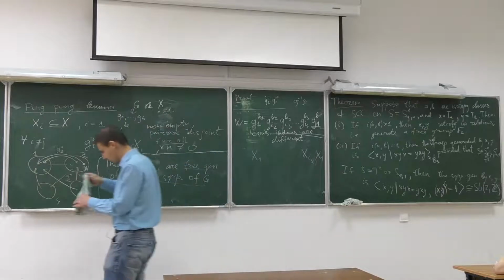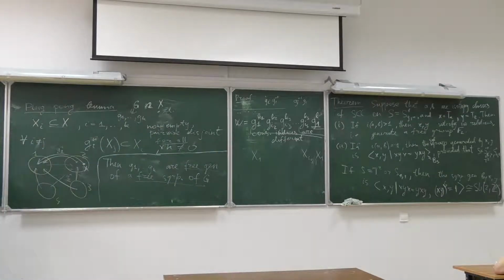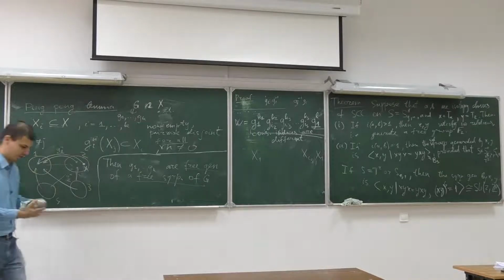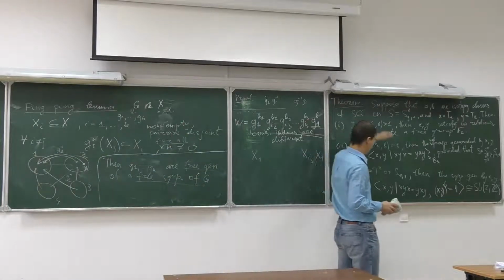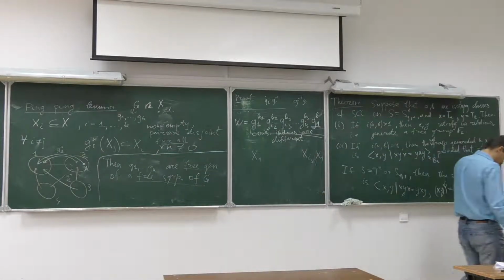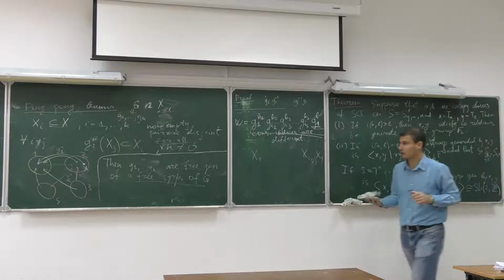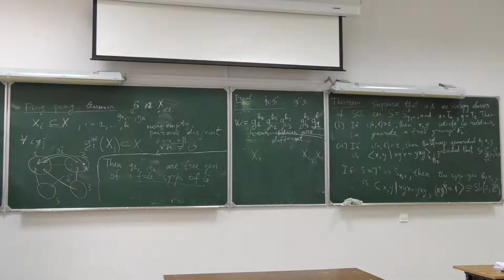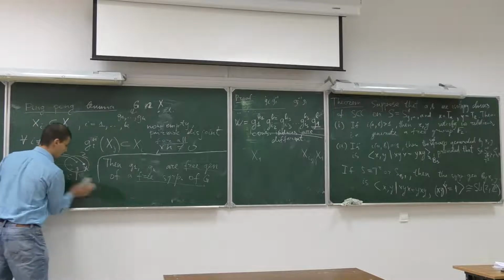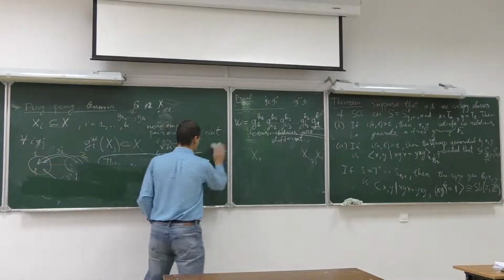Actually, maybe this is somewhat not immediately related to mapping class groups, but I would like to start with an example which is maybe one of the first applications of this ping-pong lemma.